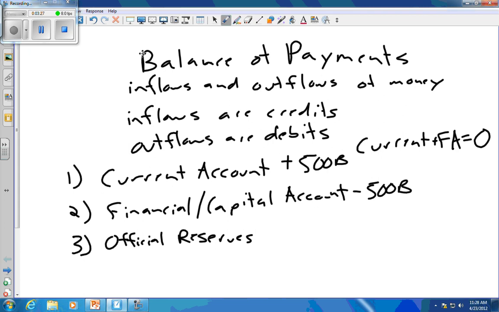Turning our focus back to the financial capital account for a second, it used to just be referred to as the capital account. But over the course of time, they're phasing in the financial account. One of these years, and it could be this year, I actually thought it was going to be the last two, they'll just start referring to this as the financial account only and not the capital account at all. In real life, there's a difference between the financial and capital account.